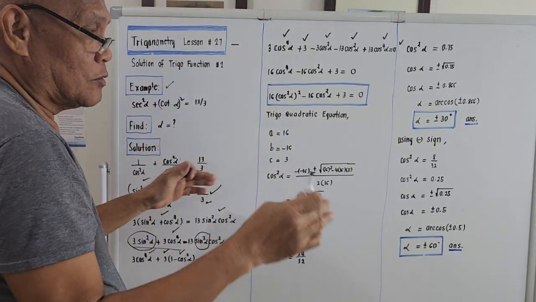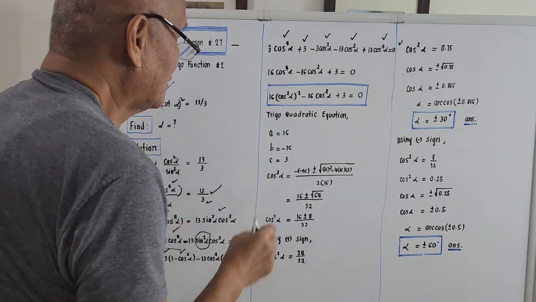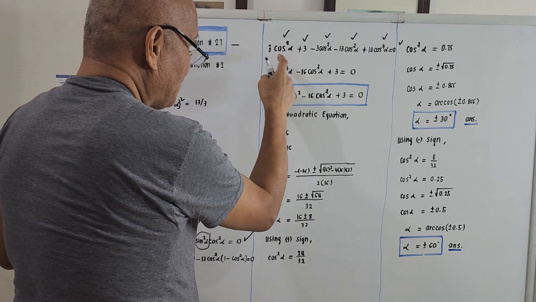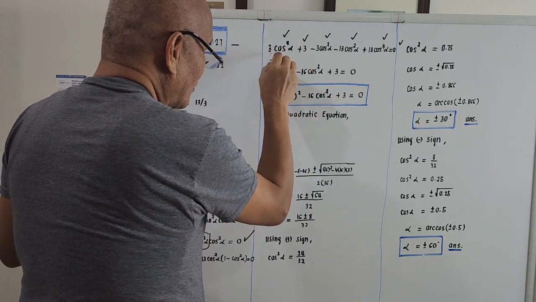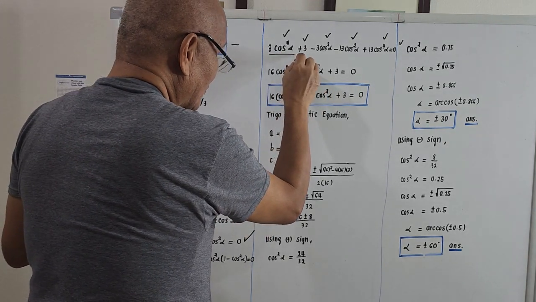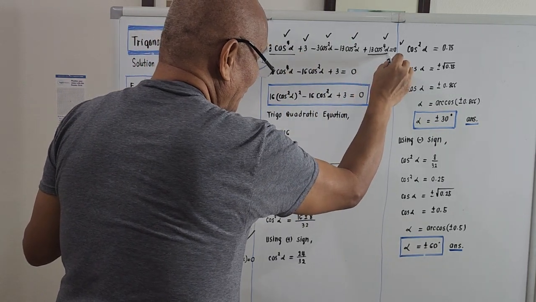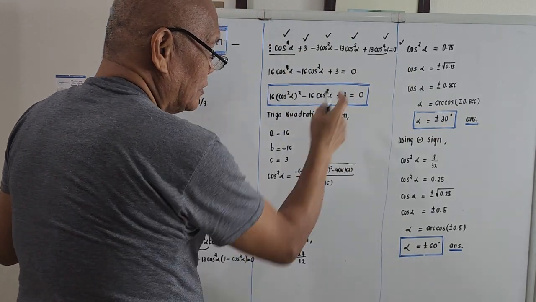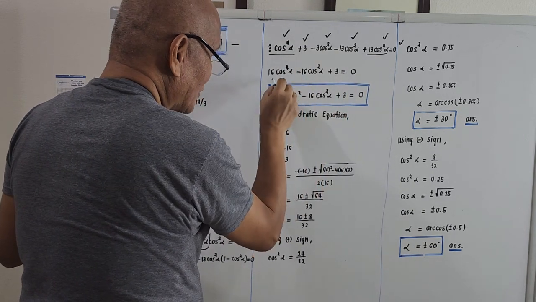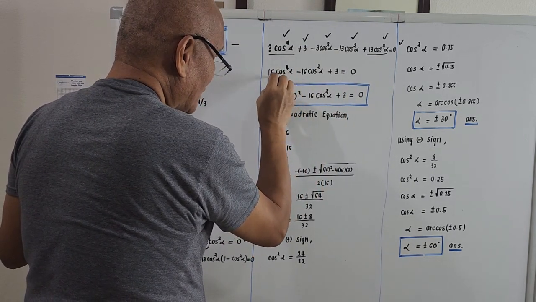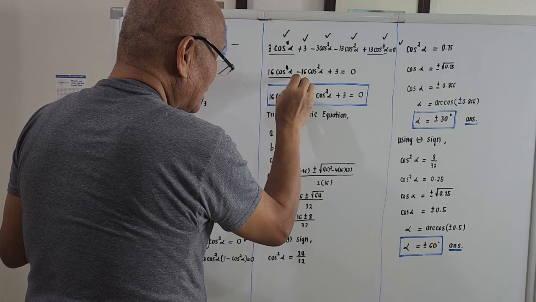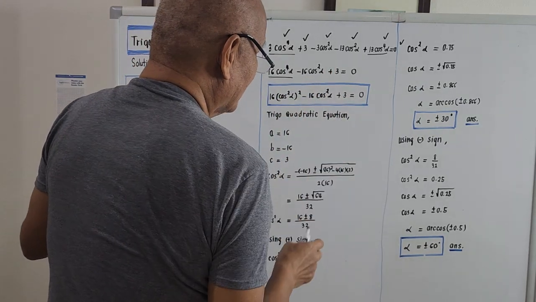Then try to combine similar terms again. This is 3 cosine to the 4th alpha. This is 13 cosine to the 4th alpha. They are similar. So 13 plus 3 will now be 16 cosine to the 4th of alpha. Okay, what's next?